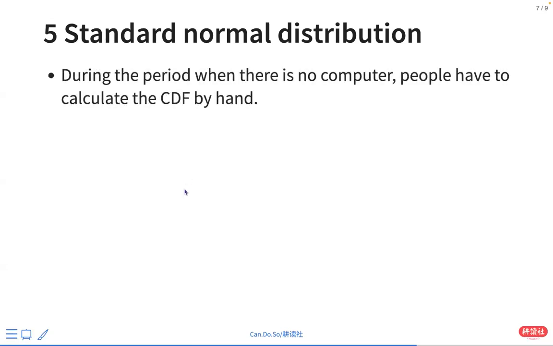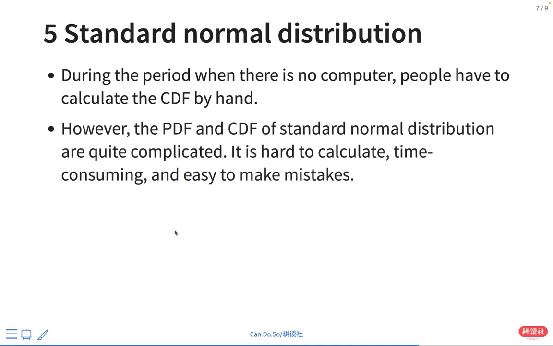In this next part I want to show you the standard normal distribution. During a period when there were no computers, we could not easily calculate like I just showed. Scientists and statisticians had to calculate the CDF by hand.